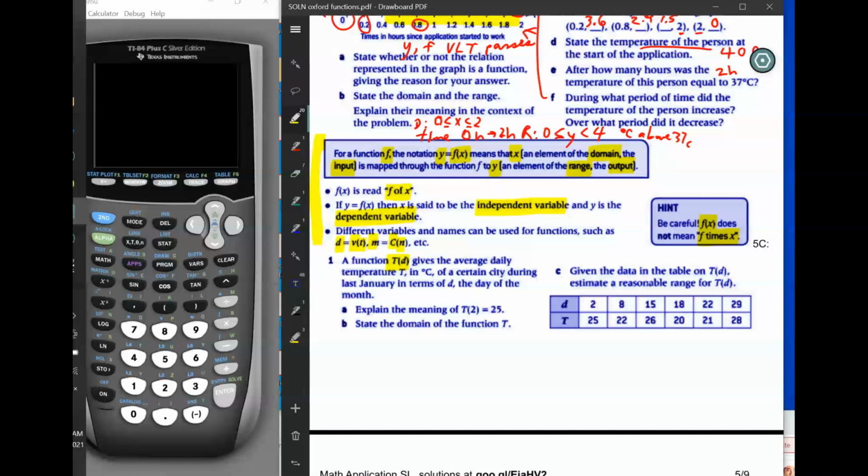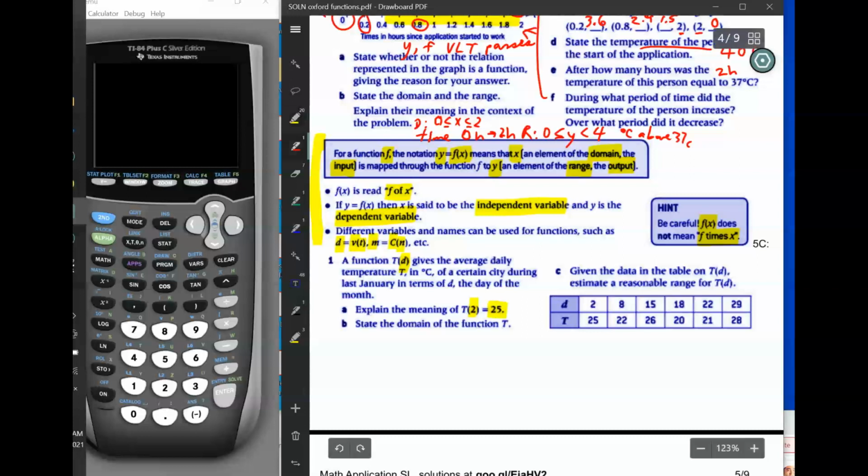Okay. Explain the meaning of T of 2 equals 25. This would be T of 2. So basically we know that the 2 is inside the parentheses, and that corresponds to D. So D must be 2. And 25 is equal to big T, which means it's a temperature.